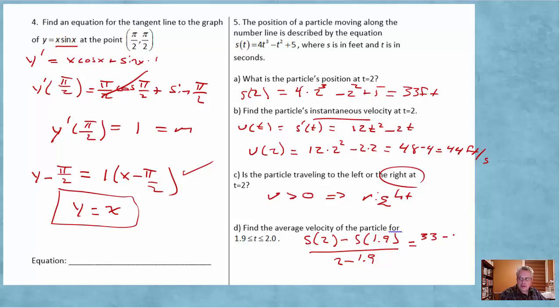Minus S of 1.9, I get 28.826. Divided by 2 minus 1.9 is 0.1. So let me see what that is. I get 33 minus 28.826 equals, and then divided by 0.1. I get 41.74. And that would be feet per second.